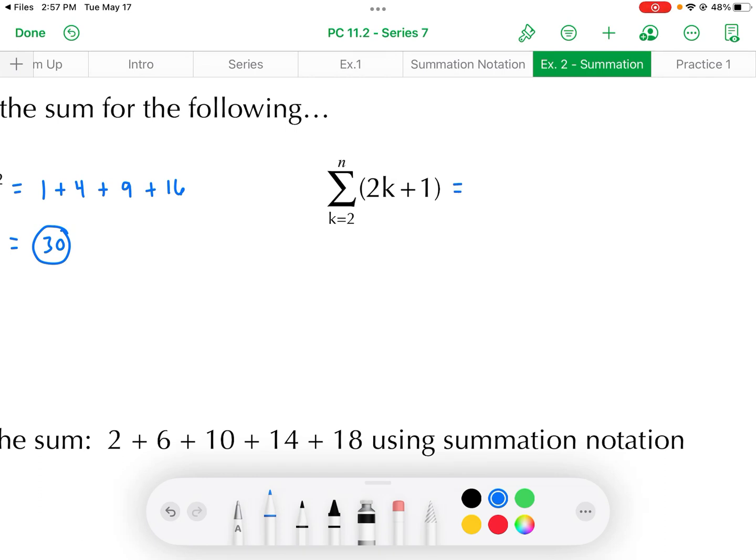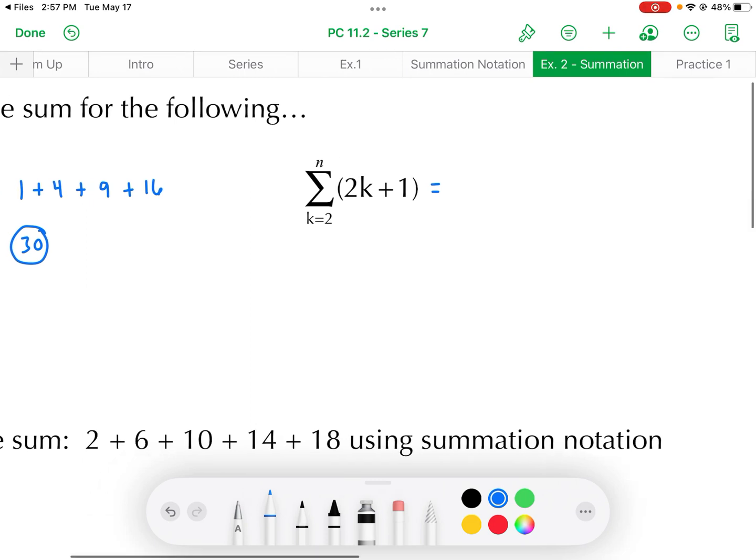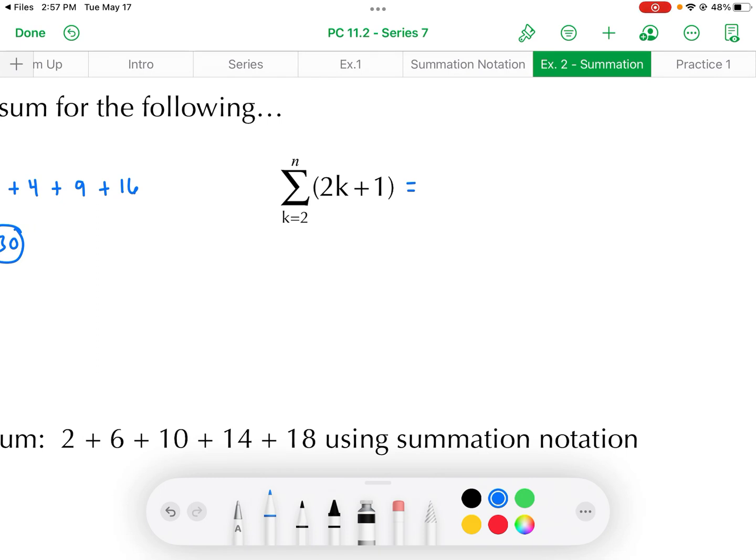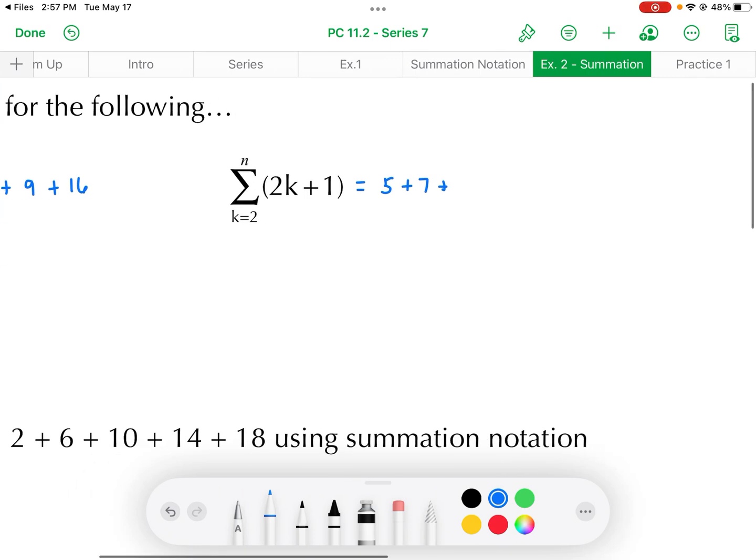So the first number I'm going to plug in for k is that lower limit of 2. 2 times 2 plus 1 is, of course, 5. Then I'll plug in a 3 for k. 2 times 3 plus 1 is 7. Add those together. Plug in a 4 for k. 2 times 4 plus 1 is 9.